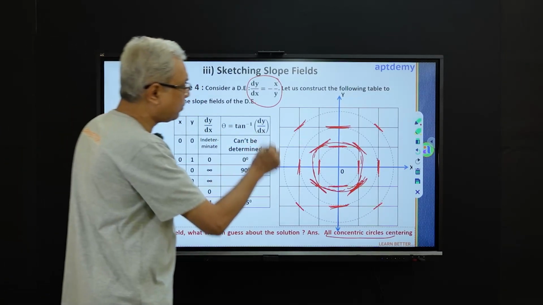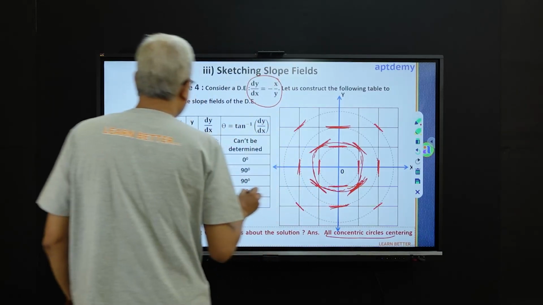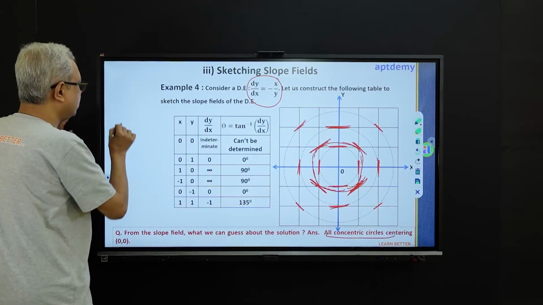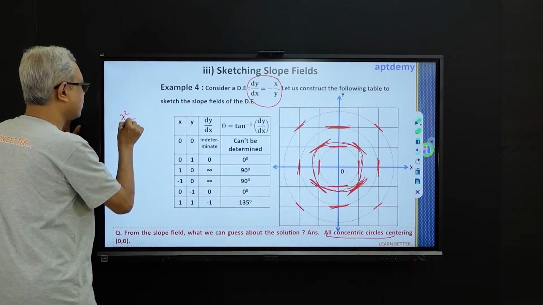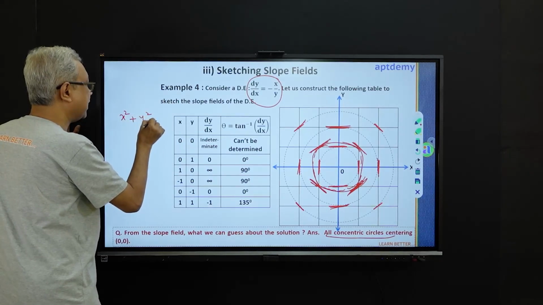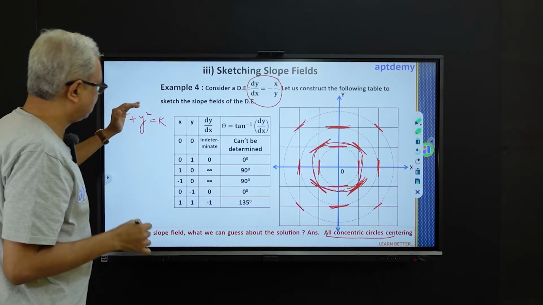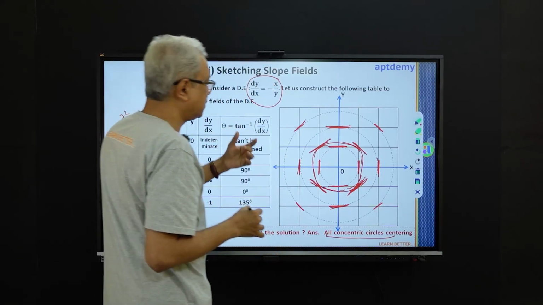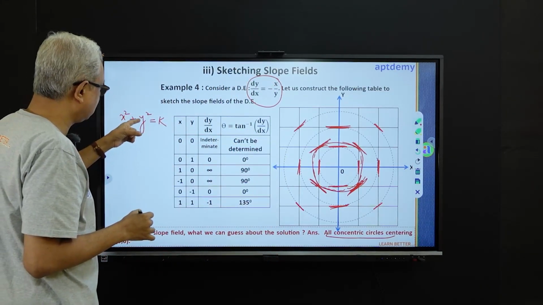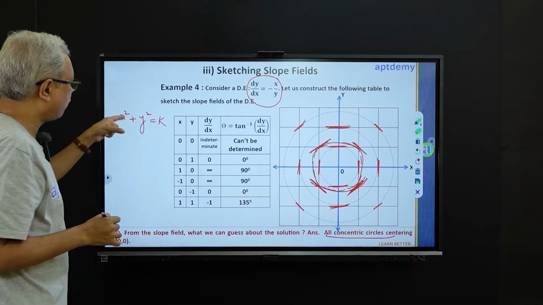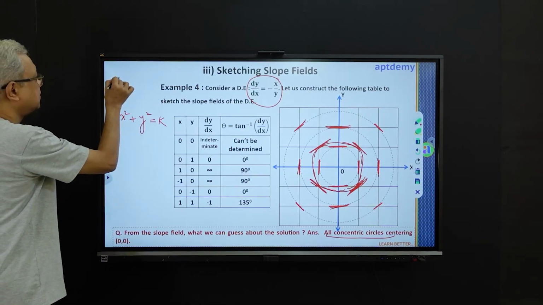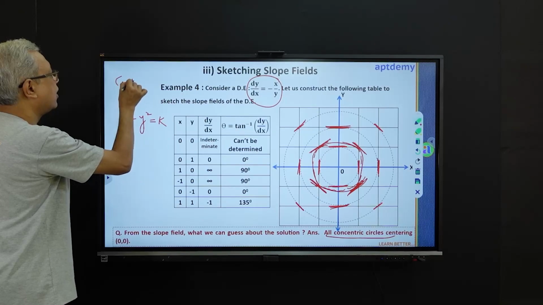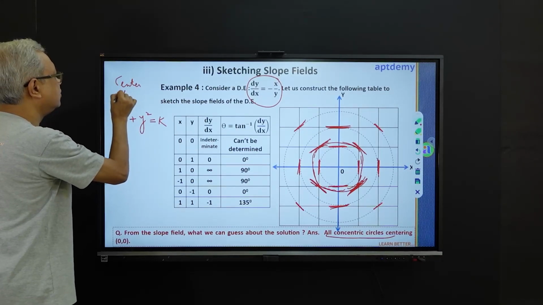And the equation of a set of concentric circles will be like this: x squared plus y squared equals k. Because for different k values we get different circles, and all such circles are concentric because for all such circles the center is at 0, 0.